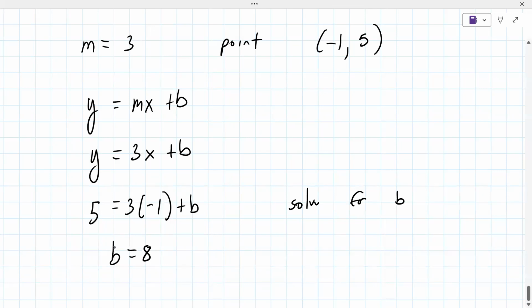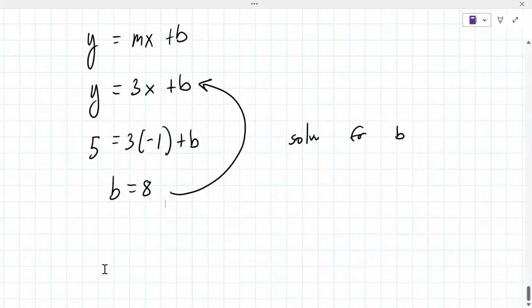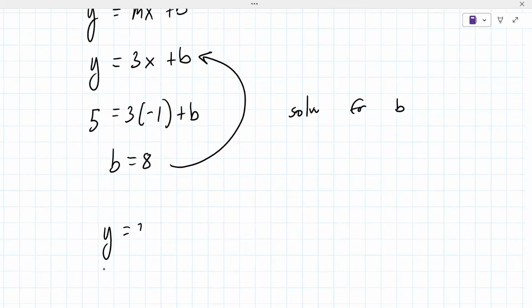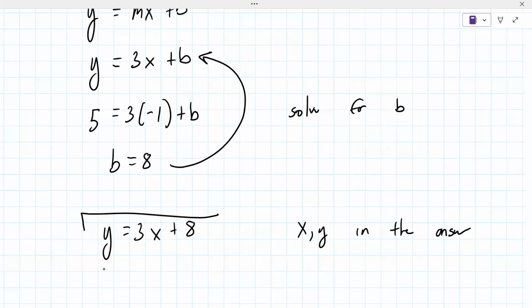Very good. So once you solve for that, you put that back into this line right here. Notice that your answer, very important, has both an x and a y in it. This is your final answer, it has to have an x and a y. Sometimes I see students leave that out, and you have to have an x and y in your answer. So kind of an important thing there.